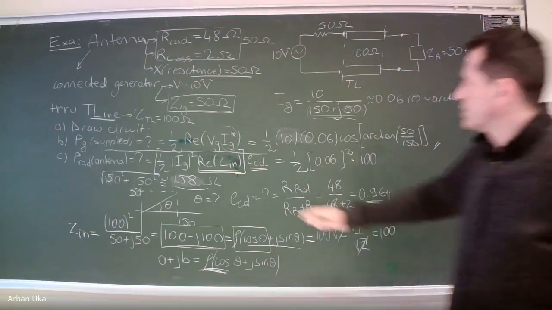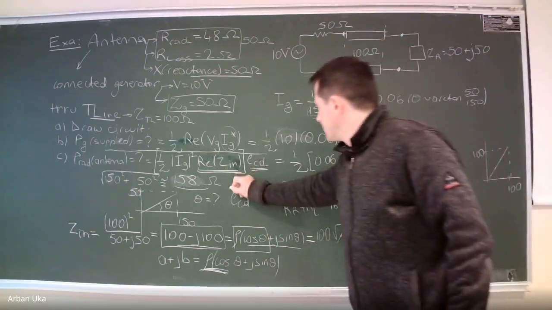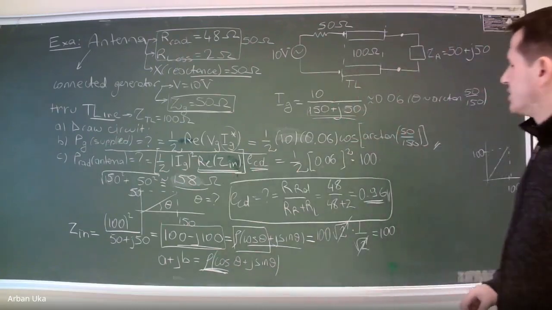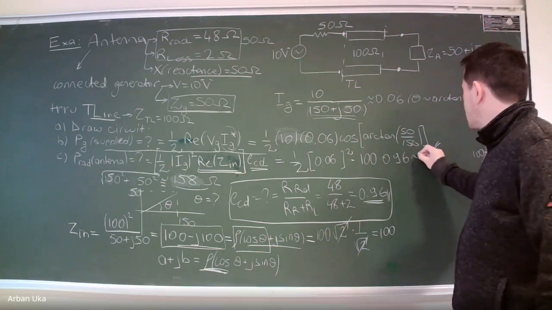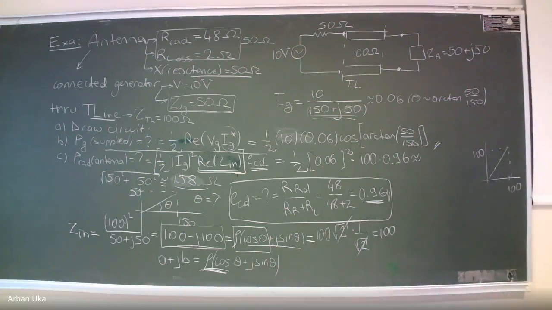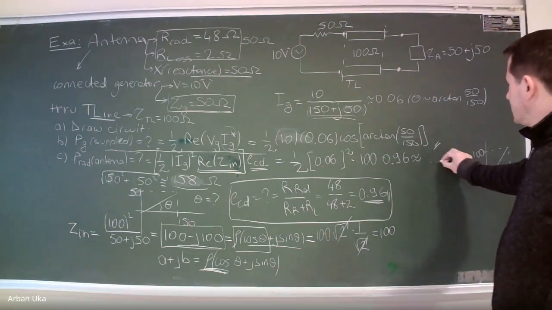This would be the real part of the Zin, times the radiation efficiency, which is 0.96. And here we can calculate the results. Sorry.